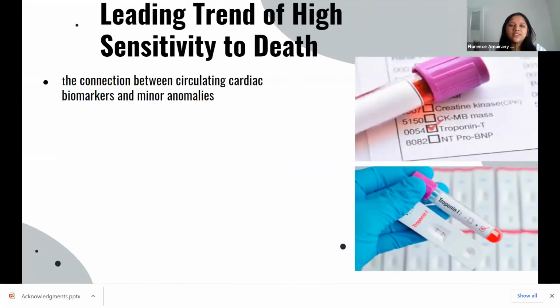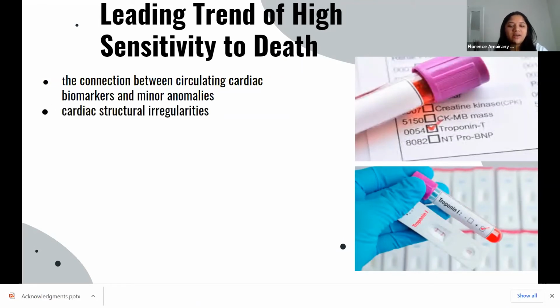In the leading trend of high sensitivity to death, the study was to connect the circulating cardiac biomarkers and minor anomalies in cardiac phenotype in the left ventricle and mass mid-wall fractional shortening in elderly individuals in a broad society unit.